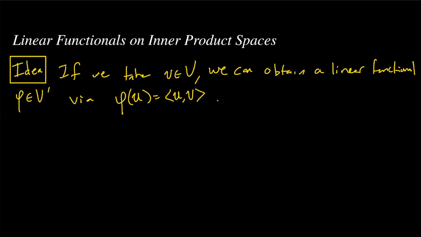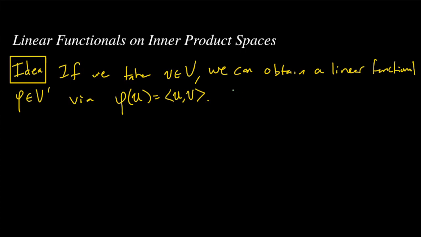That is, we can take a vector v and make a linear functional by just fixing it as the second argument in an inner product. This just works because in the first slot, an inner product is linear. That is, you can pull out scalars and you can split it up across sums. We've been working with this for the last couple days.